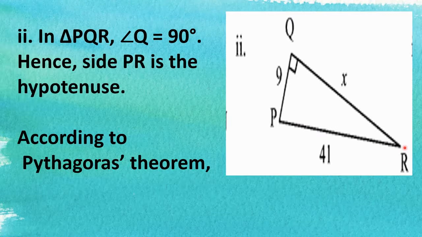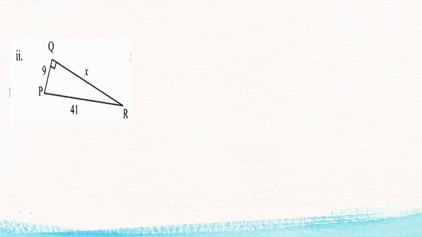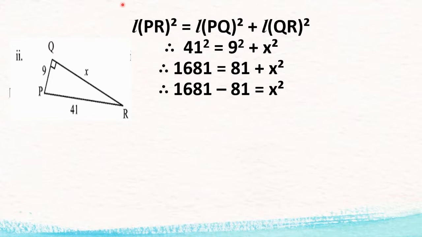According to the Pythagoras theorem, length of PR square is equal to length of PQ square plus length of QR square. So here PR is 41 and QR we have to find out. So that is x, and PQ is 9.